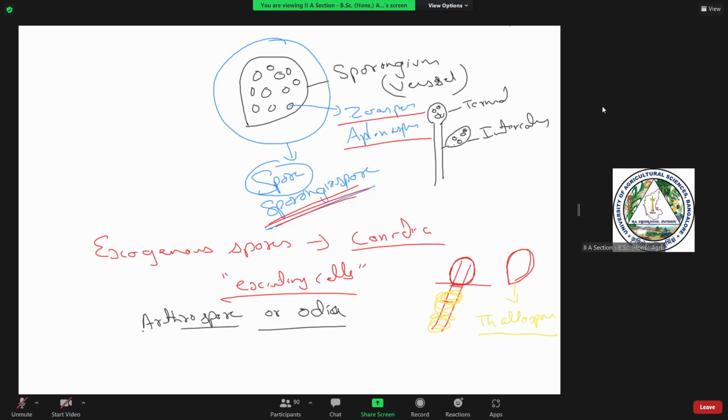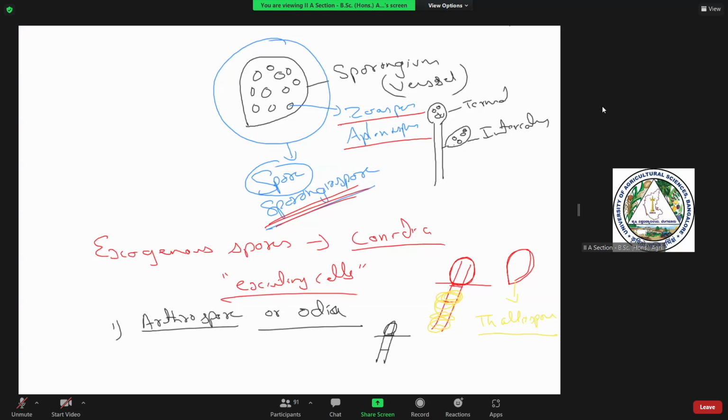Arthro, as I mentioned, means a joint, and they are produced by fragmentation. Already mentioned that whenever there is a fragmentation of a particular hyphae, or the apex or tip of the hyphae, and when they form a round shaped structure that separates out, that is called as an arthrospore.